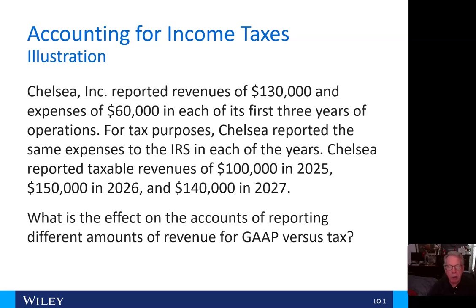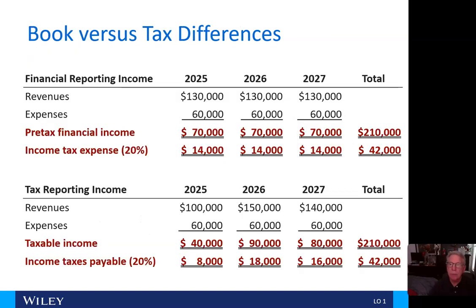Chelsea reported taxable revenues, however, of $100,000 in 2025, $150,000 in 2026, and $140,000 in 2027. What is the effect on the accounts of reporting differing amounts of revenue for GAAP versus tax?